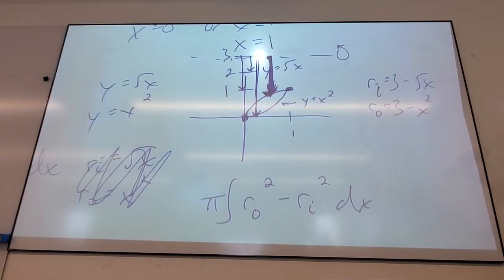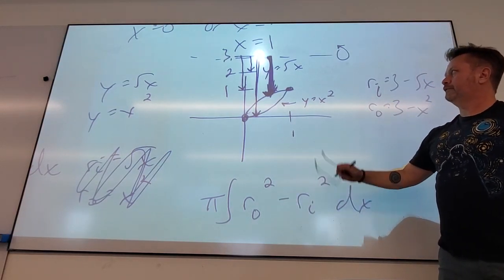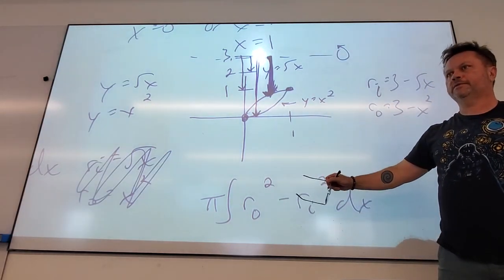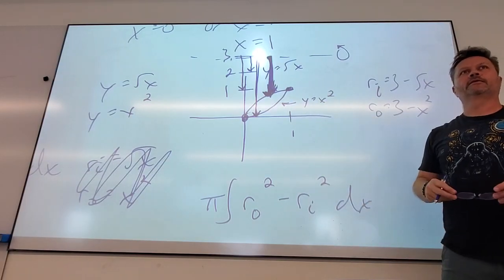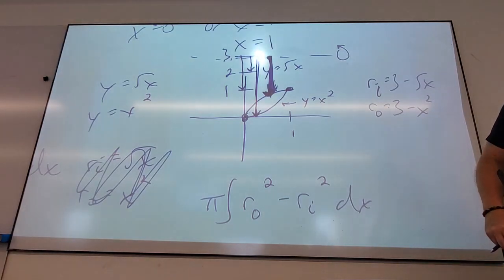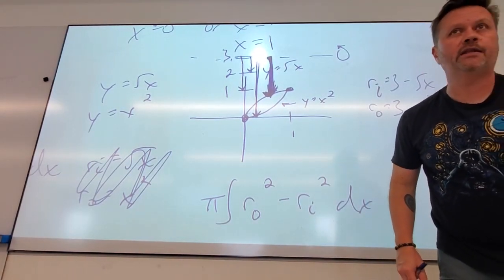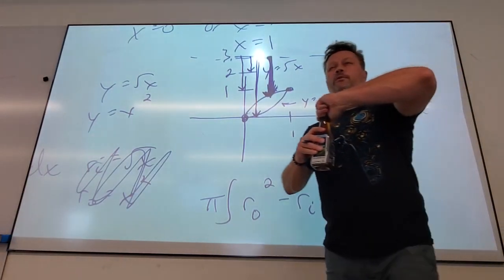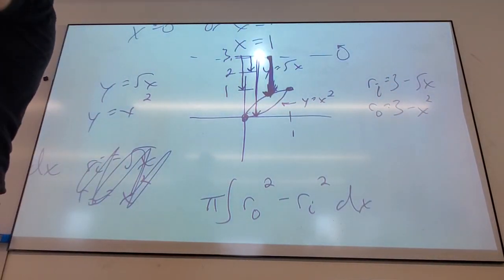So that's what I'm going to have to plug in here. What are my limits going to be? What variable am I looking at to determine my limits? It doesn't matter for this one because they both go 0 to 1, but yes. If you do it the other way, you're going to get a negative answer, which is really weird for volume. It's like some really weird material.